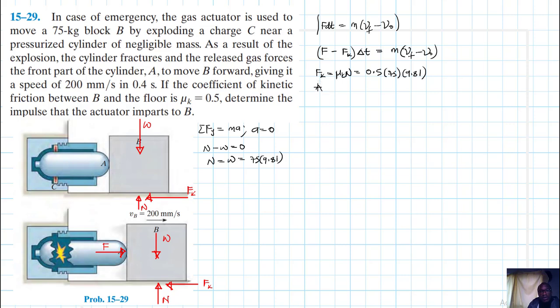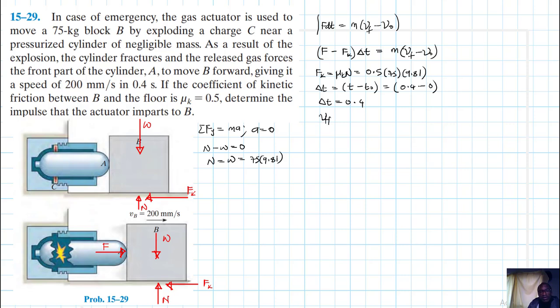Then we have our delta t, which is t final minus t initial, equal to 0.4 minus 0, so delta t is 0.4.